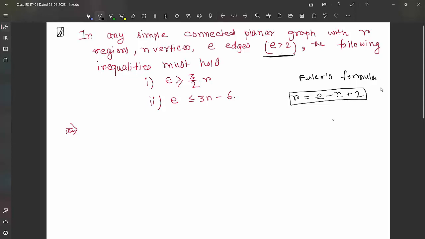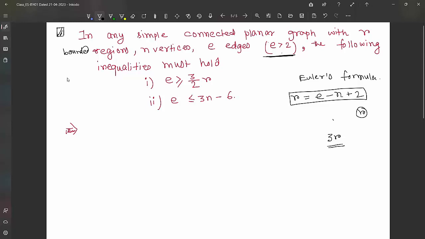To produce one bounded region, you need at least 3 edges. Suppose R is the number of total bounded regions, with n vertices. Then the minimum number of edges is 3 times R.